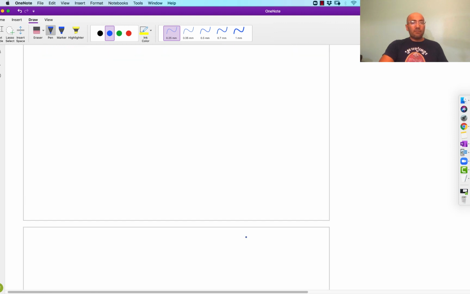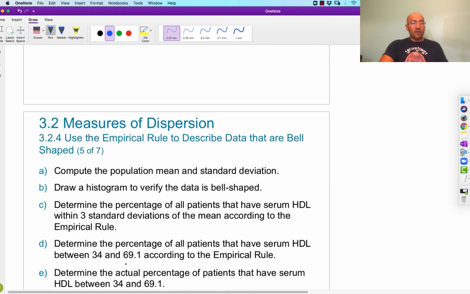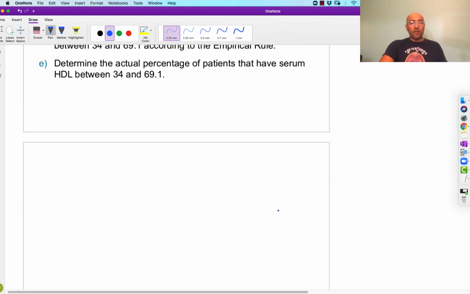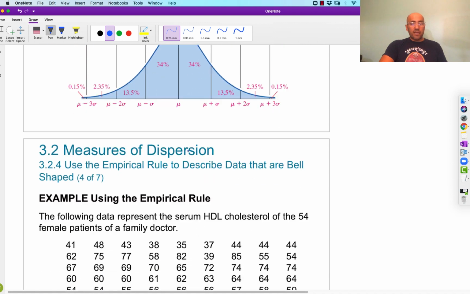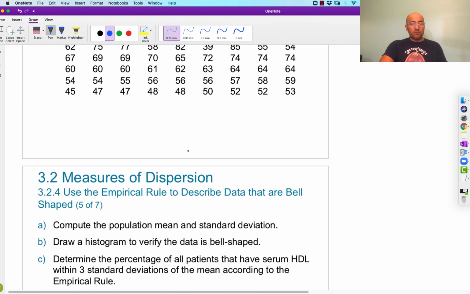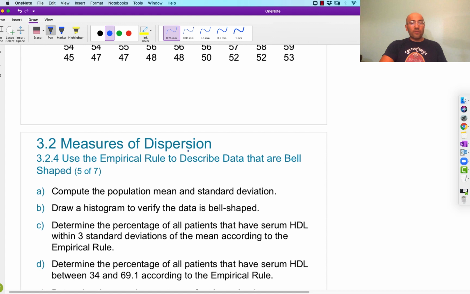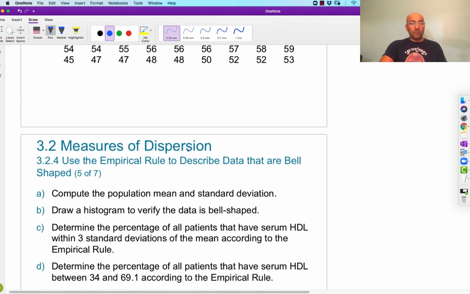Okay, the next part of our question says, determine the percentage of all the patients that have serum HDL within 3 standard deviations of the mean according to the empirical rule. So what percentage are within 3 standard deviations according to the empirical rule?